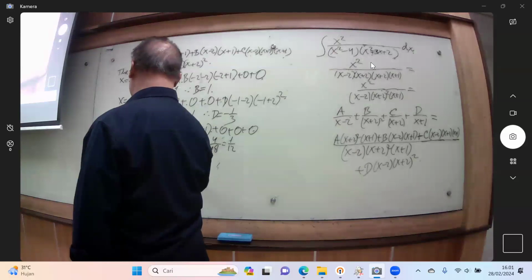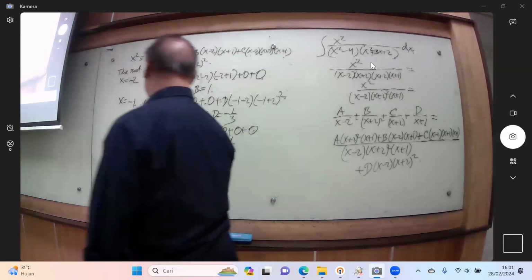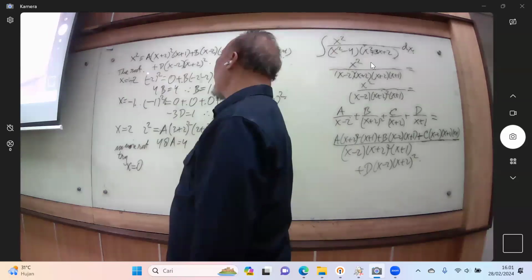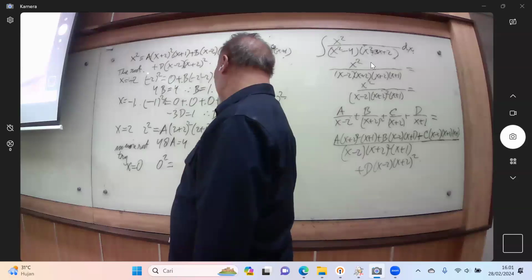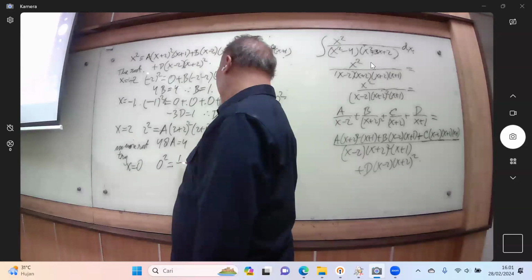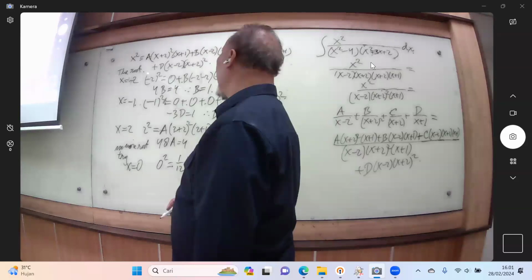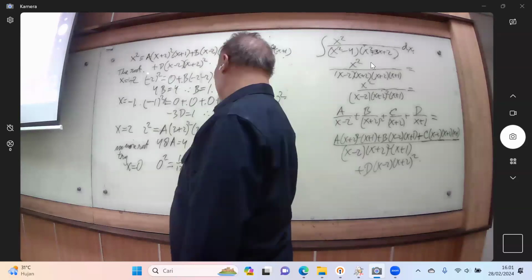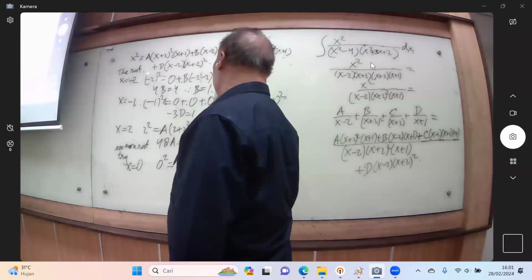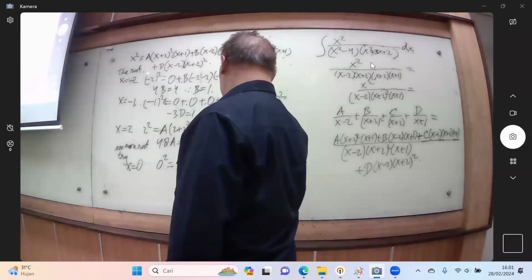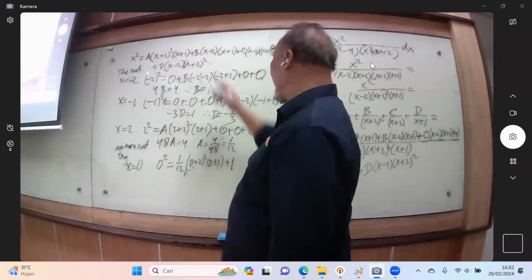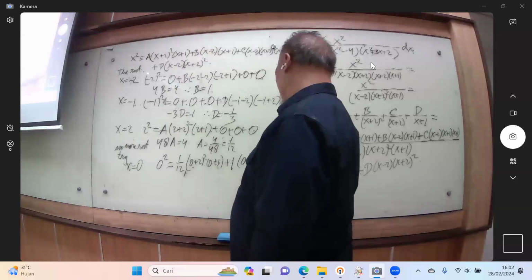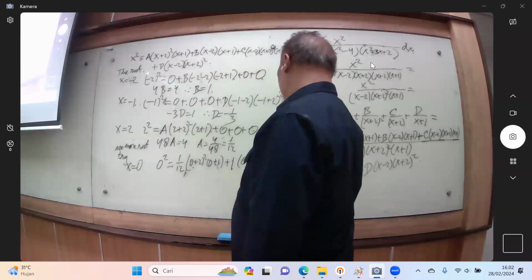So try another value. Let's say x equals 0. If x equals 0, then 0 square equals, now we have A is 1 over 12, because of 0, then 0 plus 2 square, 0 plus 1. Plus, now B is 1, now x is 0, so 0 minus 2, 0 plus 1.